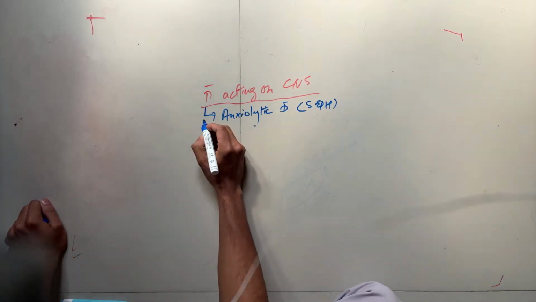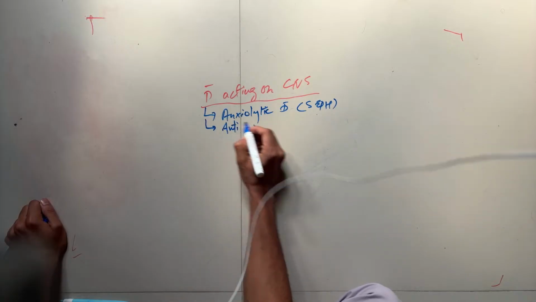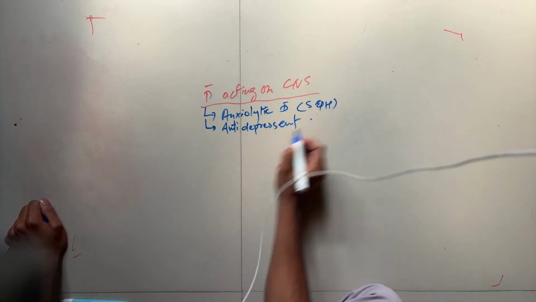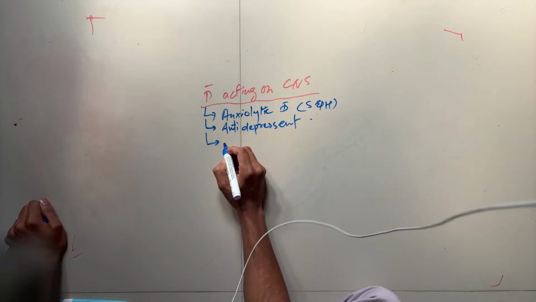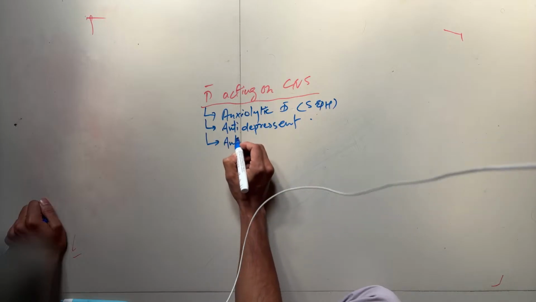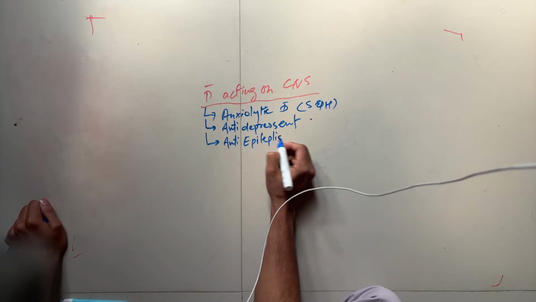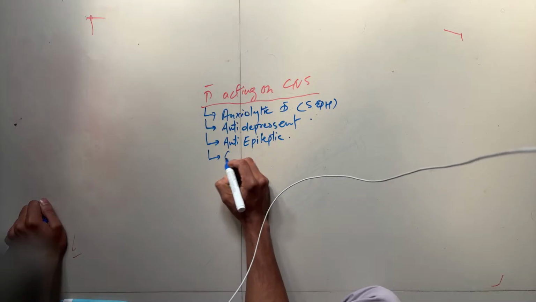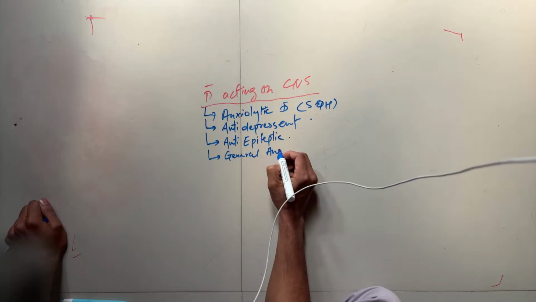Next, number 2 will be antidepressant. Next, number 3, what is that? Anti-epileptic. Next, number 4, what is that? General anesthesia.